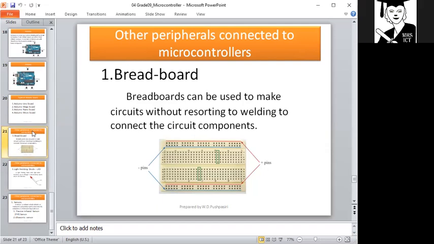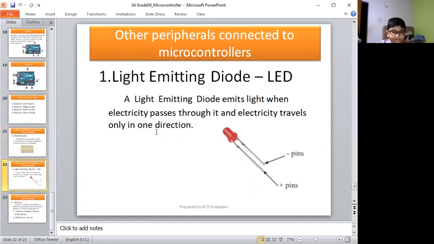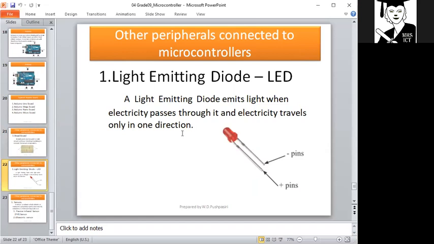There are many types of LEDs, not just one LED. Those LEDs are used to output some information through the microcontrollers, right? This is one of the peripheral devices we use with microcontrollers. You can write this down also.